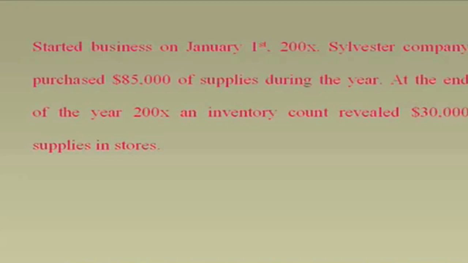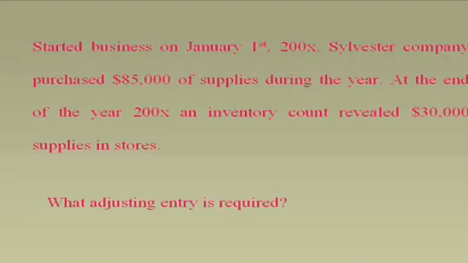Now, you have to do an adjusting entry because you don't have 85,000 anymore. When you find 30,000 left over, that means 55,000 has been used up. So supplies has to go down by 55,000. Supplies is an asset. When it gets used up, it gets converted to an expense.